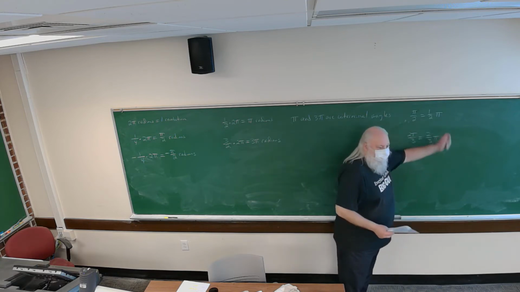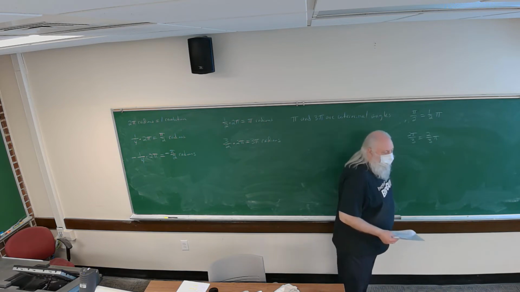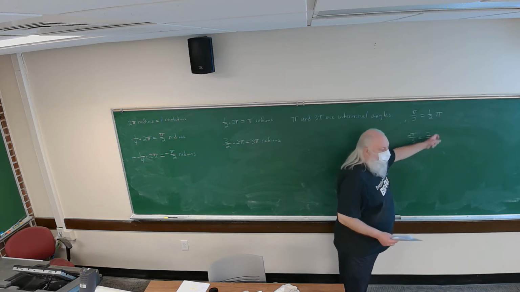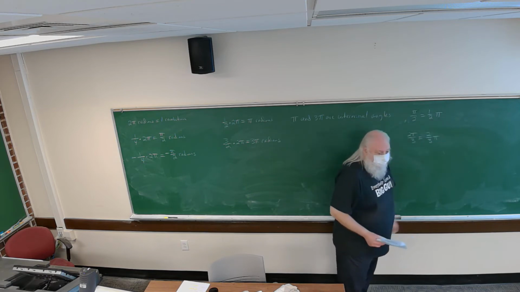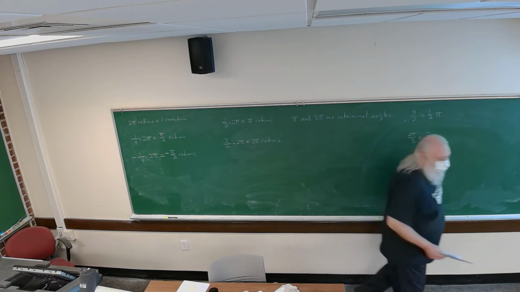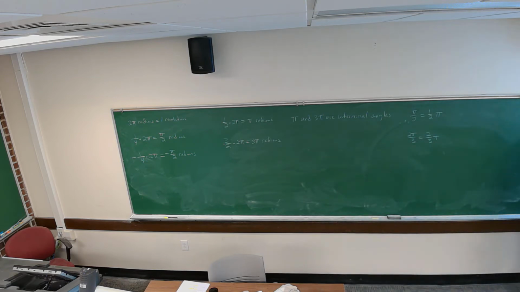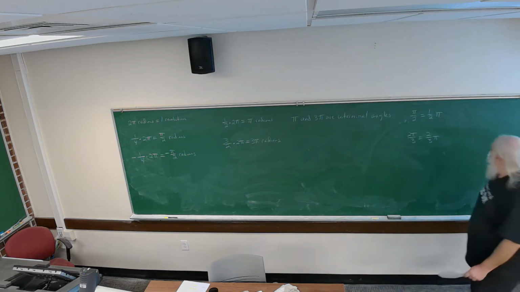If we think of pi as a pie, which is bigger, 1/2 of a pi or 2/3 of a pi? 2/3 of a pi. So the angle 2 pi over 3 is greater than pi over 2, but 2/3 of a pi is less than a whole pi.